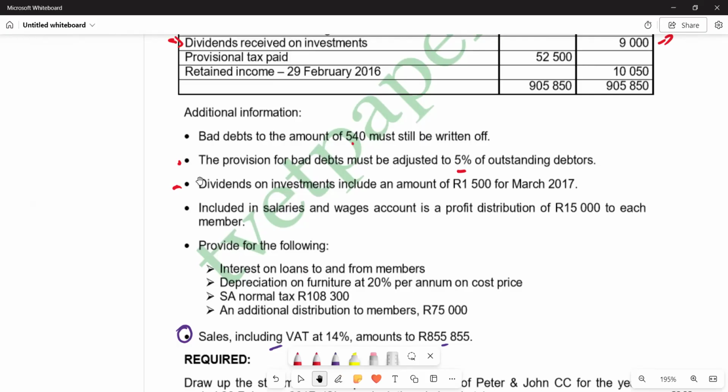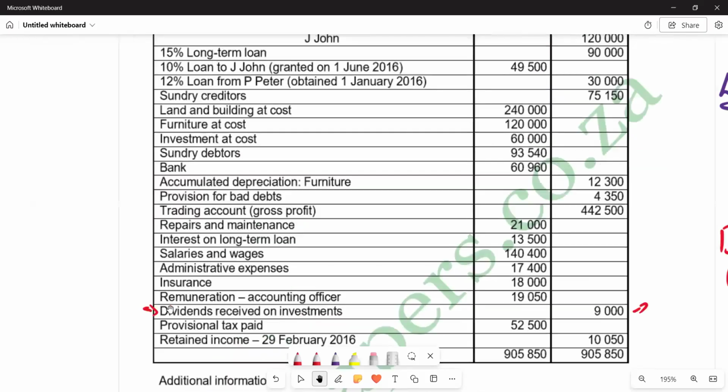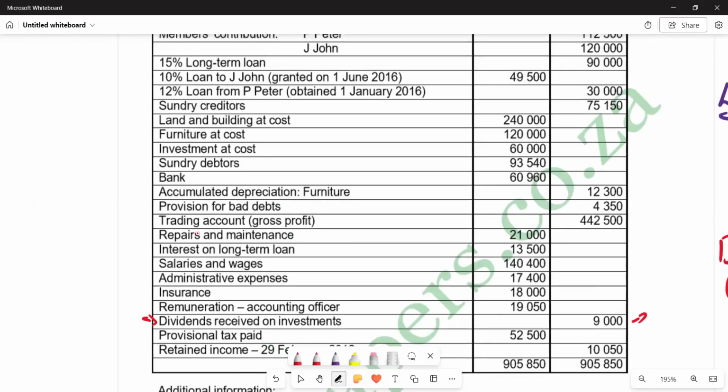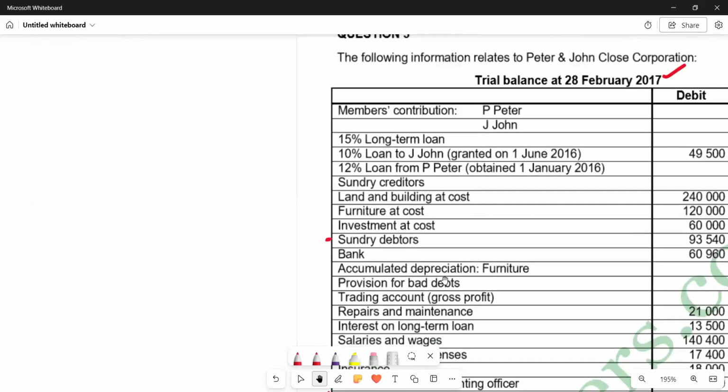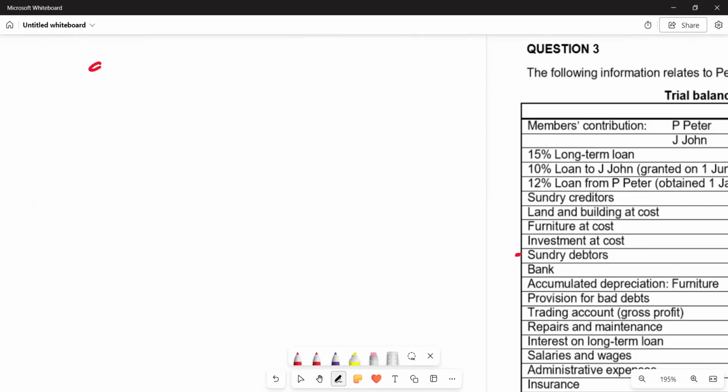So we check the figure for debtors that we are given in the list of balances. You see that we are given the figure here as our sundry debtors, and the figure that we have is 93,540. 93,540 is the figure that we have for the level of debtors for the period.